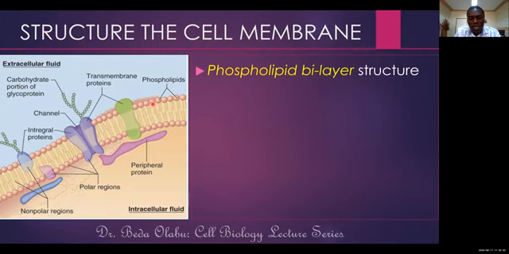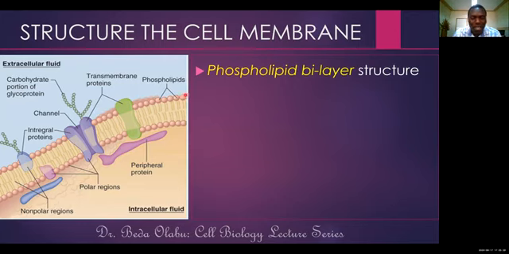So a molecule that contains fatty acid chains and a phosphate group is termed a phospholipid. In the cell membrane, we have 2 layers of phospholipids. This is one layer of that, and this is the other layer of that. And so they exist in form of 2 layers of phospholipids.